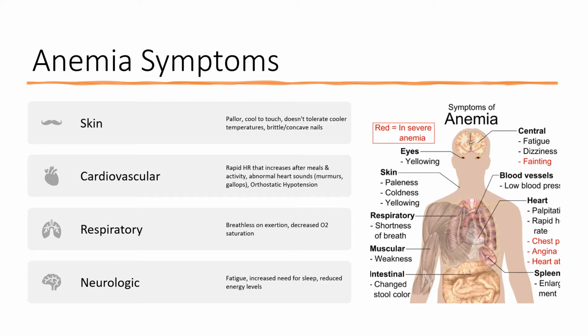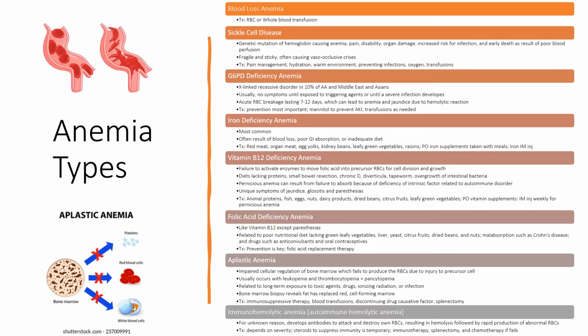So fainting is a concern, chest pain, angina, and heart attacks. In addition to those symptoms, you may have symptoms that are specific to the type of anemia. As we go through the different types of anemias, you'll see different things that may be on presentation.